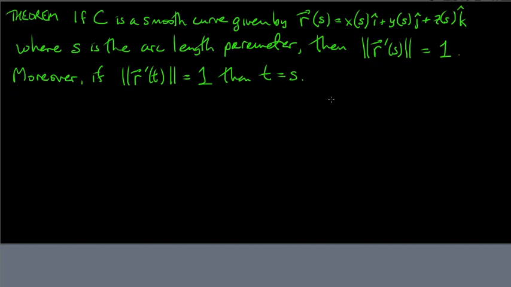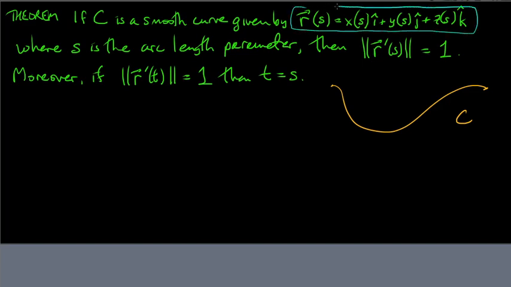So the point is, you have your curve C, and if the position is expressed in terms of s, the arc length parameter, you're moving at a constant speed of 1 unit per second, or per unit of time. In other words, your speed is not changing.